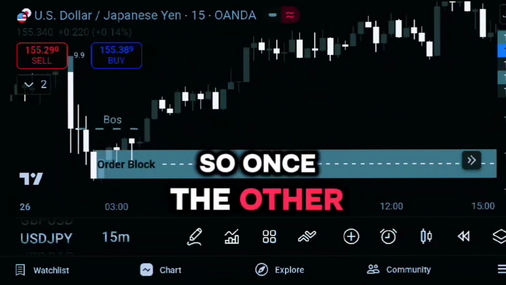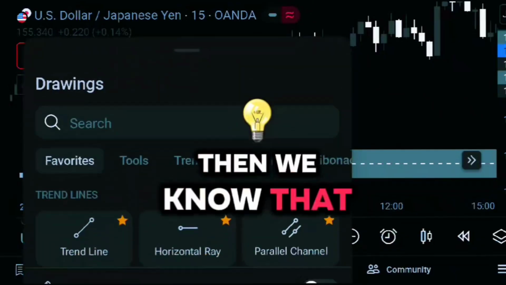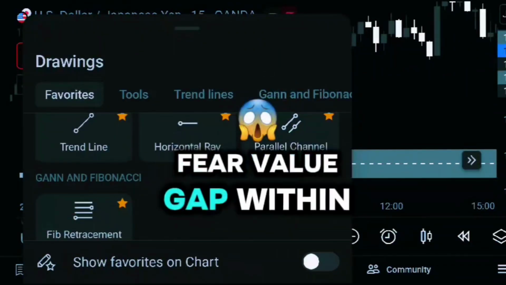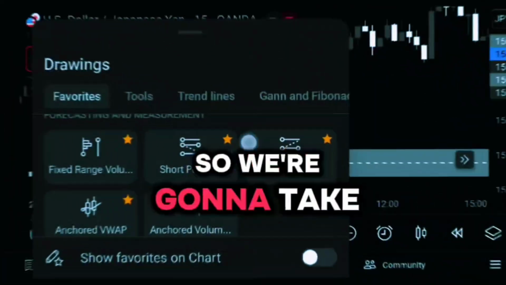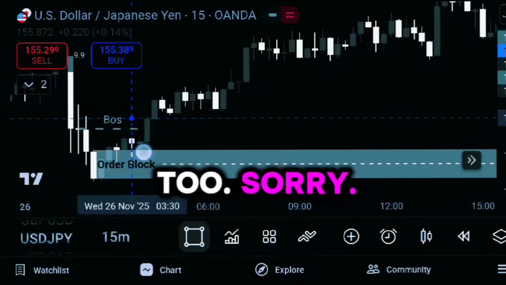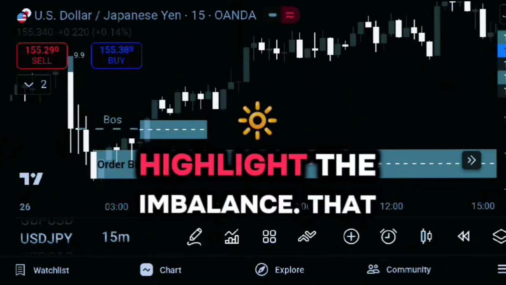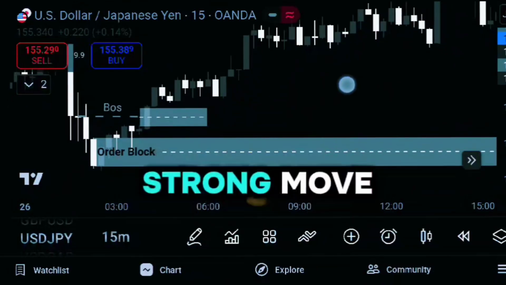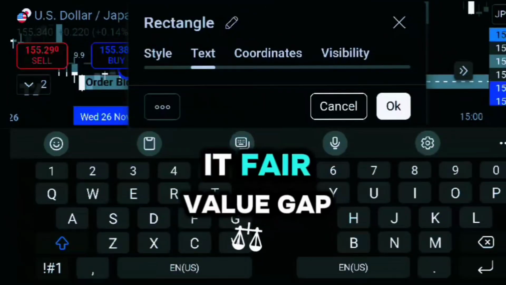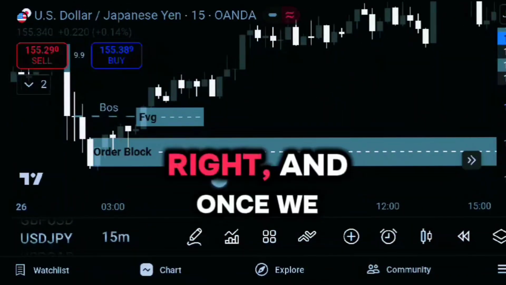So once the order block has an impulsive move, then we know that is a pretty strong order block because it has that fair value gap inside of it, right? So we're going to take back our rectangle tool, sorry, and just highlight the imbalance, that strong move, and we can name it fair value gap or FVG, right?